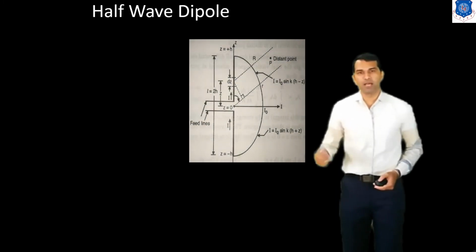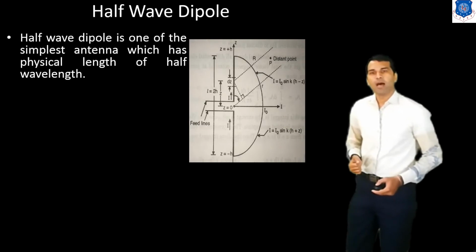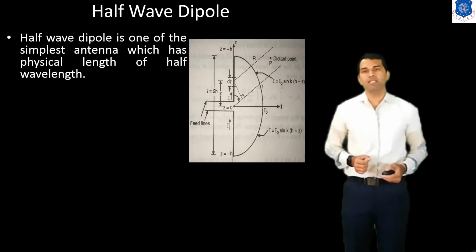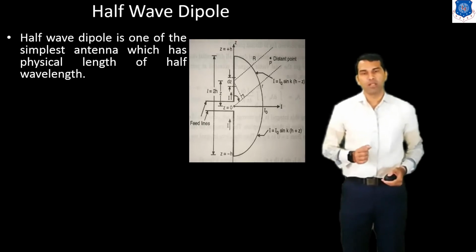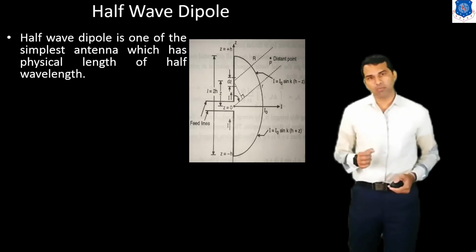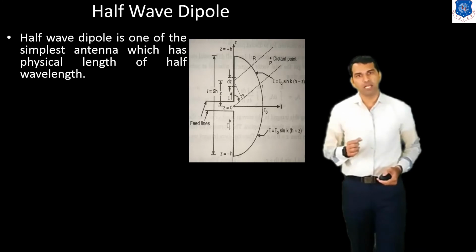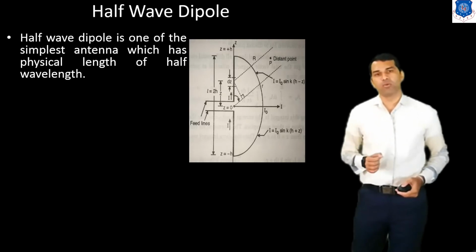So this is the figure for the half wave dipole antenna. Half wave dipole is one of the simplest antennas, which has a physical length of half wavelength. We know that L is the length of the antenna, so here for the half wave dipole, L is equal to lambda by 2.